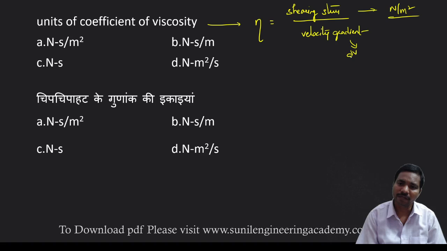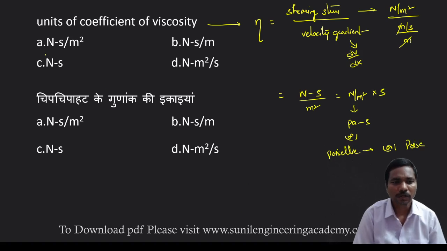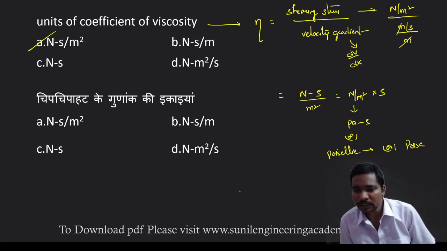Velocity gradient is dv by dx: dv is change in velocity, meter per second, and dx is distance, meter. The meters cancel out, so you get Newton second per meter square, or Newton per meter square into second, which can be called Pascal second, poiseuille, or poise. So these are the units of coefficient of viscosity.